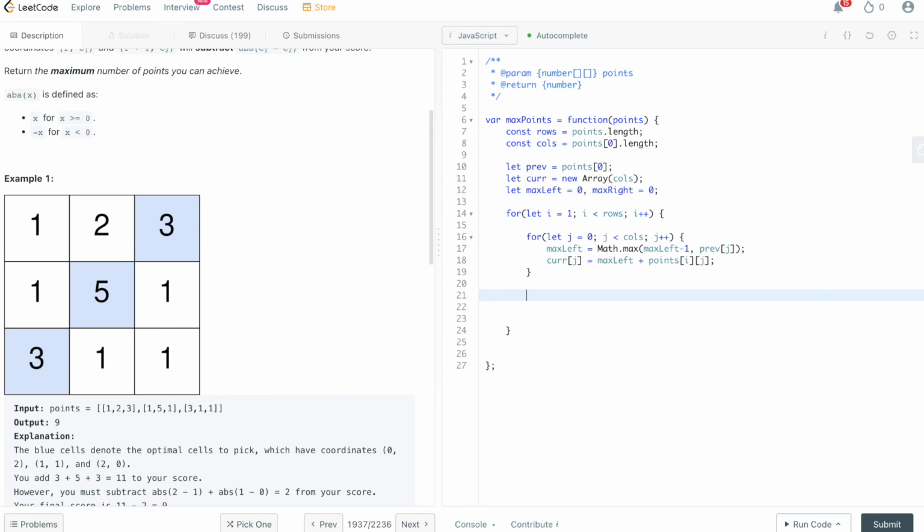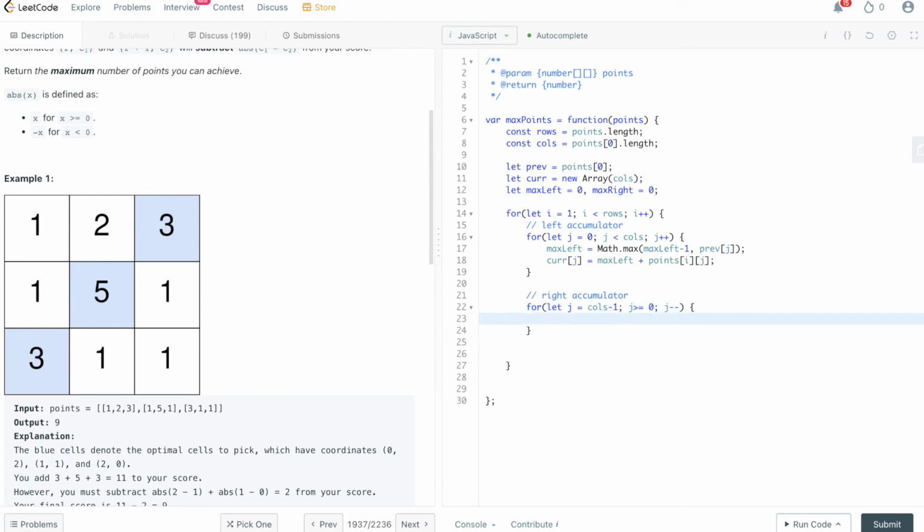And then likewise, this is our left accumulator, and this is our right accumulator. So now we're going from the right-hand side to the left. So let j equal cols minus 1, j greater than or equal to 0, j minus minus.